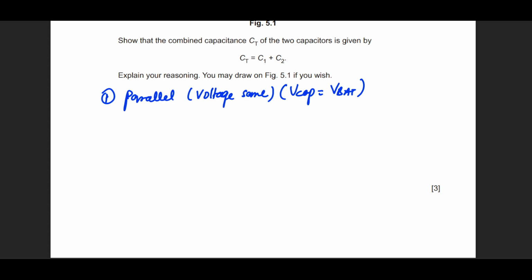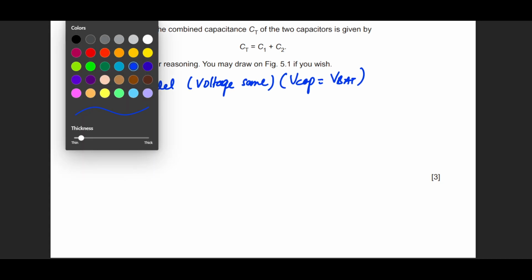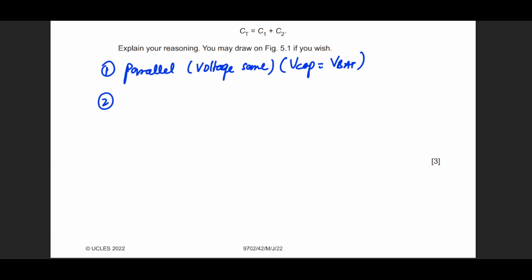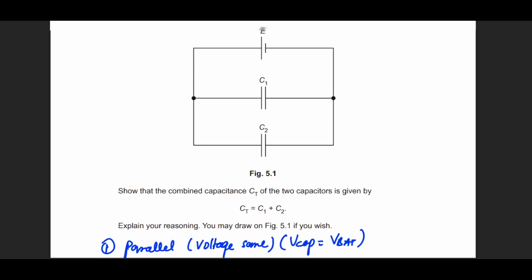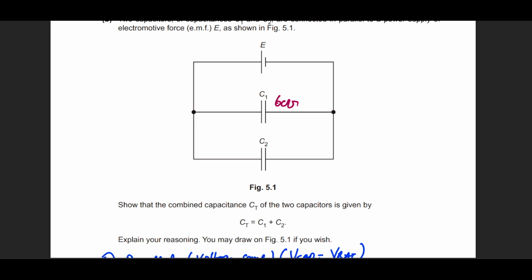This is the first reason. Second thing would be that the charges dispersed by the battery will be added together. If the battery has sent, let's say, 10,000 electrons, this one saved 6,000, this one saved 4,000. Add them together, this will become equal to 10,000 electrons that the battery has actually sent. So I understand that the charge addition will be the same.